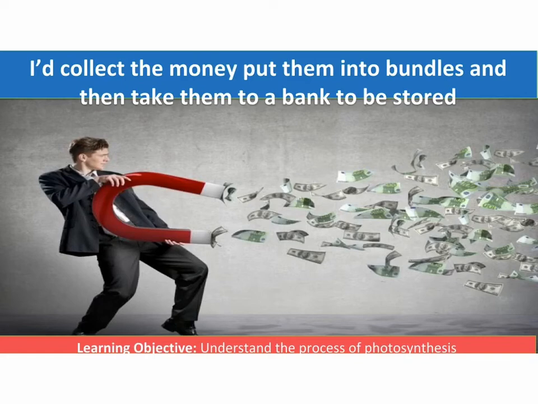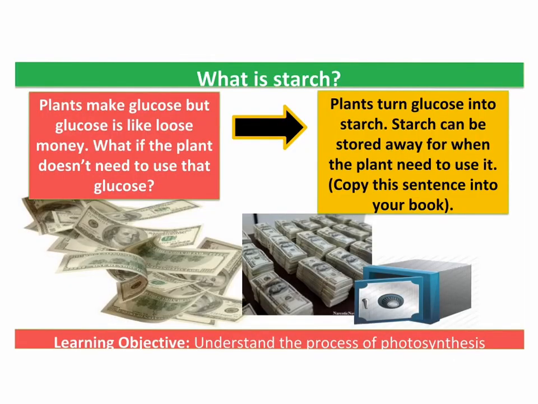That way it's somewhere safe to keep it. And there's a similar thing that happens to glucose. So we're just looking in the red box first of all here. Plants make glucose, but glucose is like loose money. What if the plant doesn't need to use that glucose? What then happens is plants turn the glucose into starch in the yellow box.